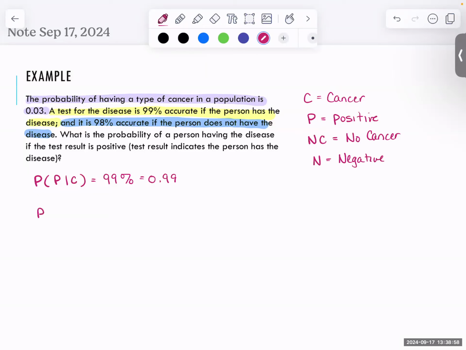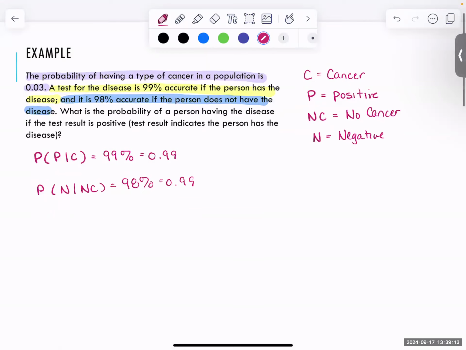So the probability that I test negative, given that I don't have the cancer, is 98%. And the probability that I have the cancer, they told me, is 0.03. There's a 3% chance that I have this cancer.